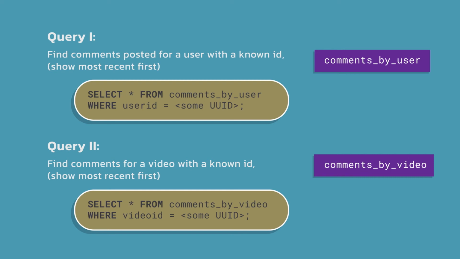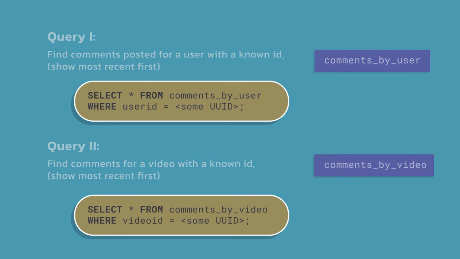That's what that star is, from comments by video. So I want all the comments by video, where video ID is, again, some ID. This is going to be the ID of the video. That will give me all of the comments for a video. So you notice we haven't even applied any data yet. We literally just started with our application workflows and our entity relationship diagram, and we're just starting to map this out, and we can already generate some of the queries that we're going to use.